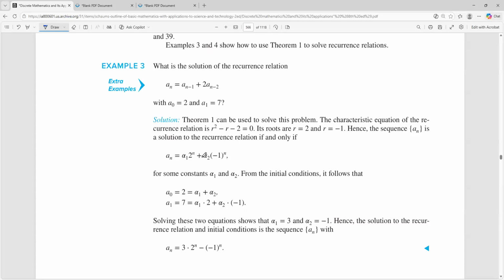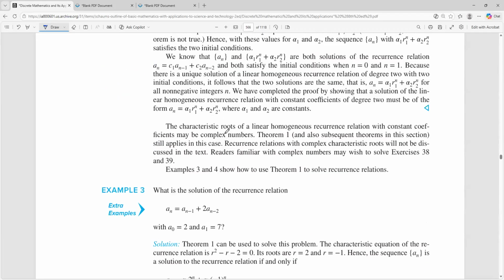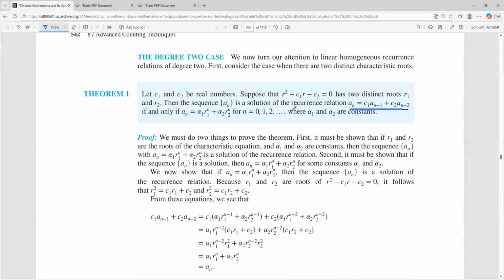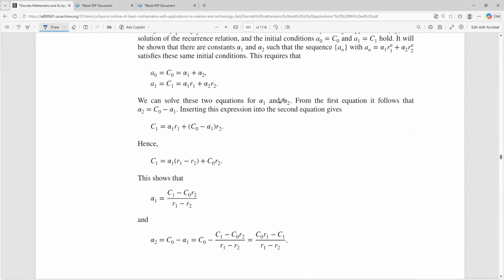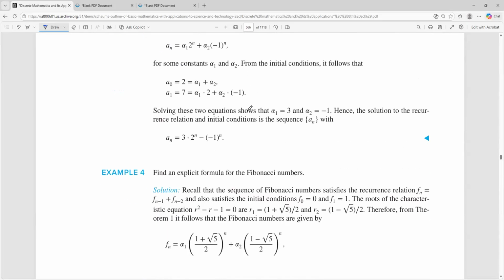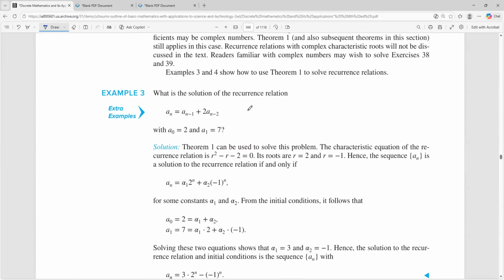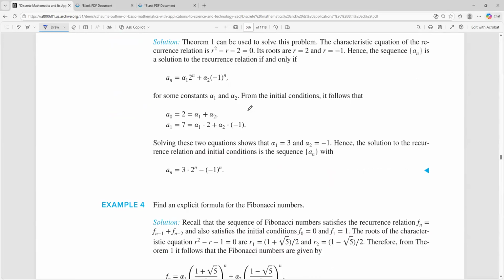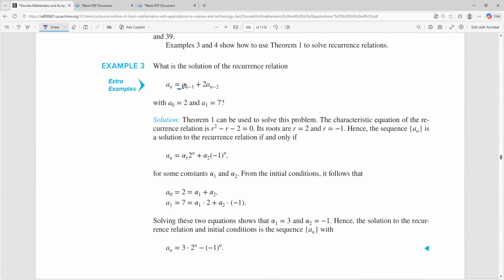The characteristic equation is going to be r squared minus r minus 2. How do we get that? Remember, we have the characteristic equation with C1 and C2. Right here, C1 is 1, C2 is 2.